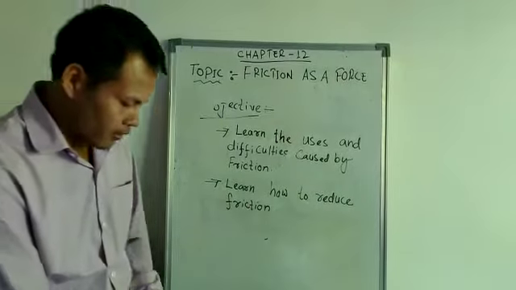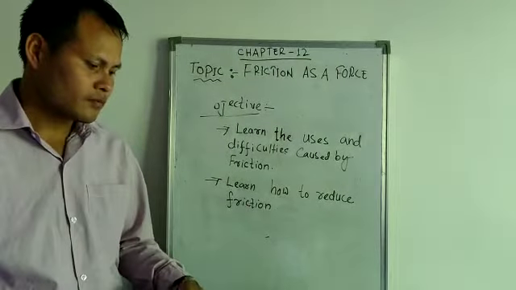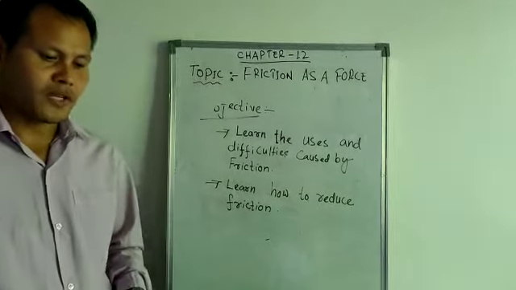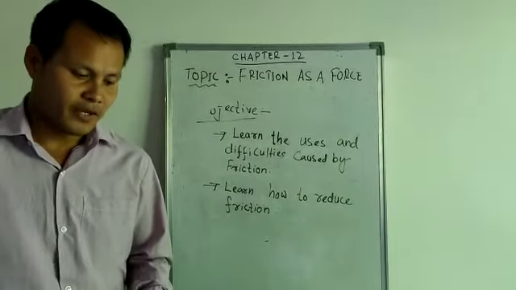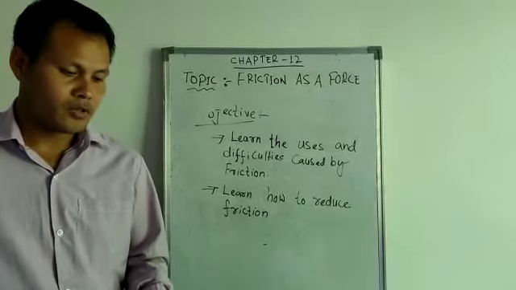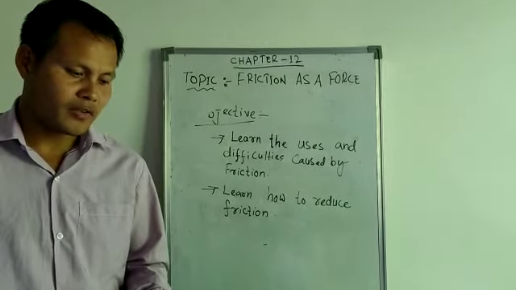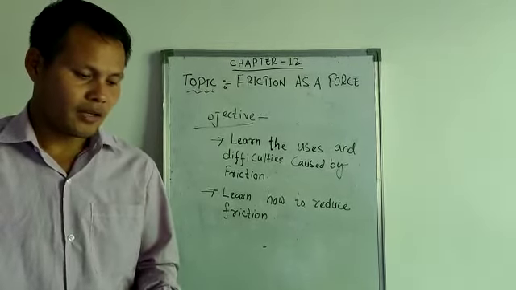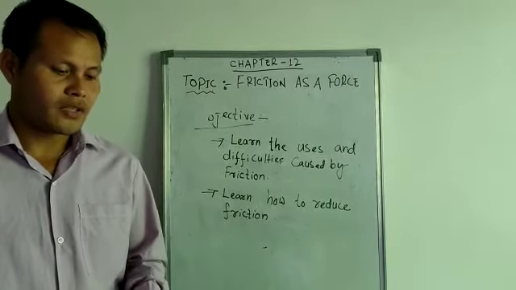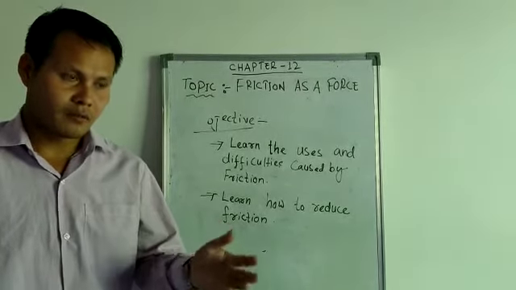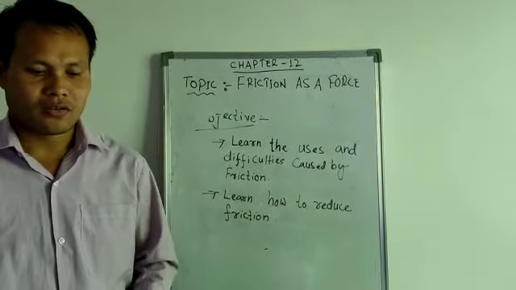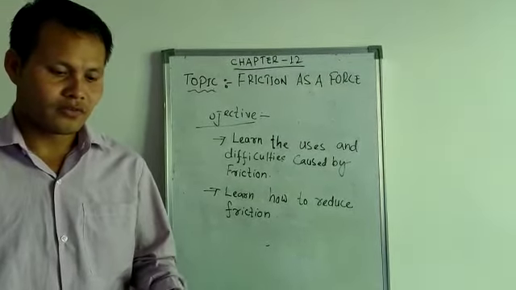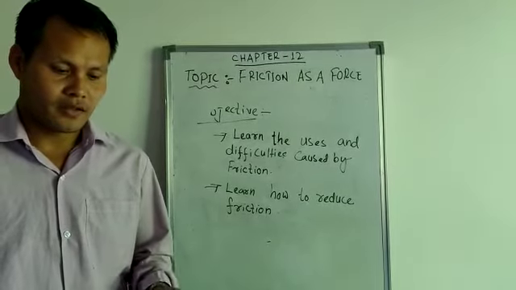Now let us move on to the next point. Friction comes into play whenever there is a motion, and let me give you some of the examples mentioned in your book from our day-to-day life. Firstly, when you kick a ball and it comes to rest on its own on the ground, this is due to the friction between the ball and the ground.